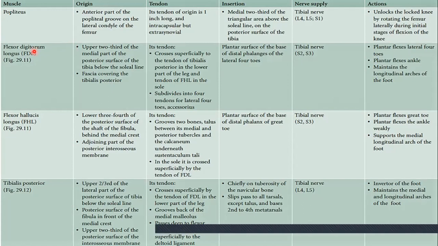Now, flexor digitorum longus originates from the upper 2/3 of the medial part of the posterior surface of tibia below the soleus line, and also originates from the fascia covering tibialis posterior, or from the deep transverse fascial septa. Its tendon will cross superficial to the tendon of tibialis posterior in the lower part of the leg, and the tendon of flexor hallucis longus in the sole.